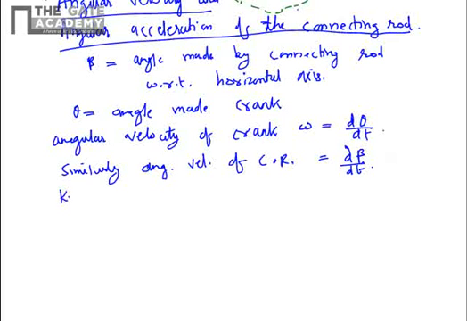The known parameters are L, R, theta and omega. So we have to find the expression for d beta by dt, that is the angular velocity of the connecting rod, in terms of these parameters.